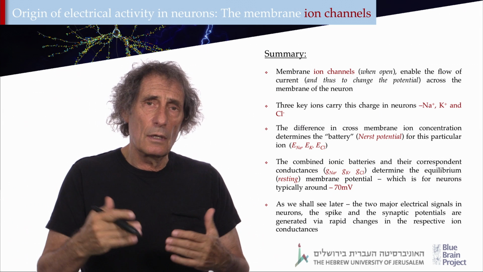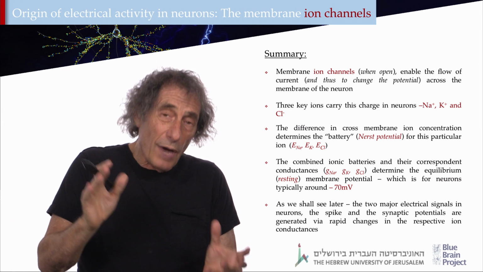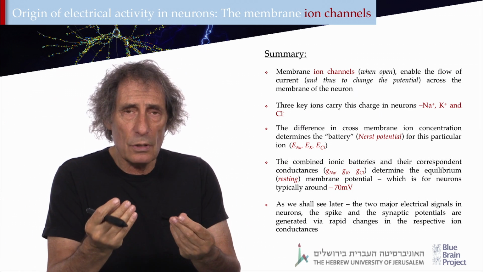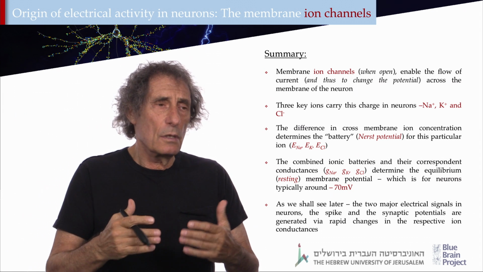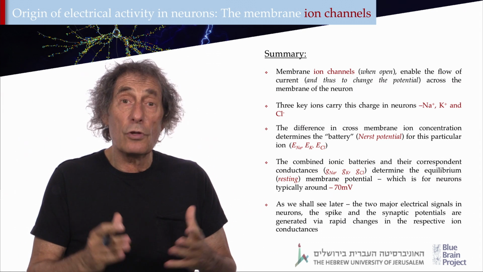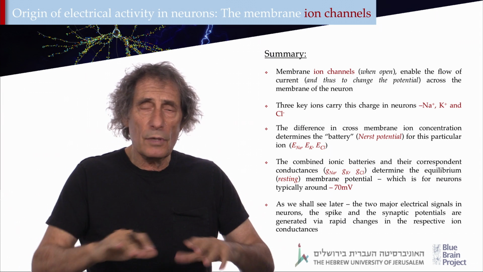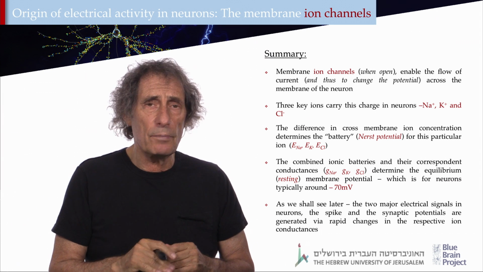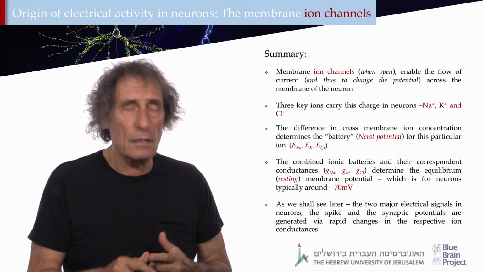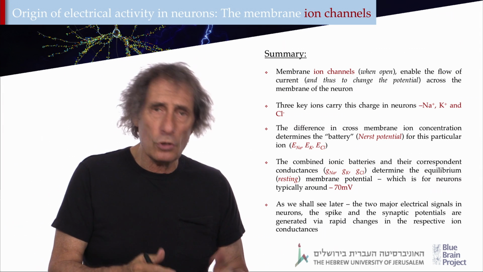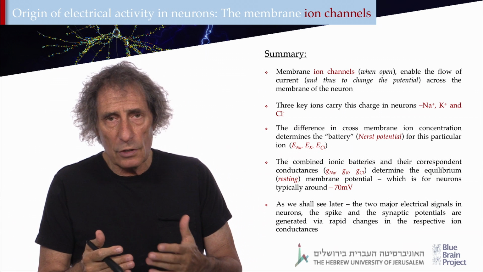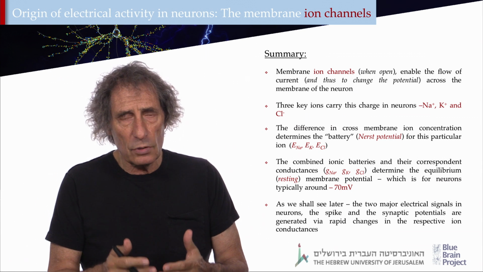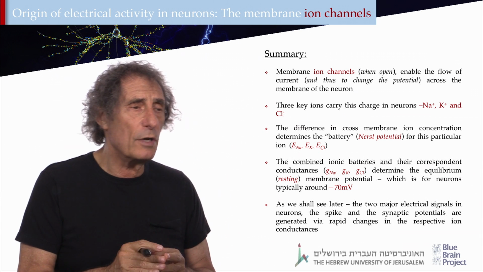And what really enables the difference in concentration of ions to generate voltage is their capability to cross the membrane, and this gradient of voltage is captured by the Nernst equation as a battery. So I can speak about three batteries that determine the overall voltage at rest and also for other potentials. These are ENa, the Nernst potential, the battery of the sodium, the battery of the potassium, and the battery of the chloride.